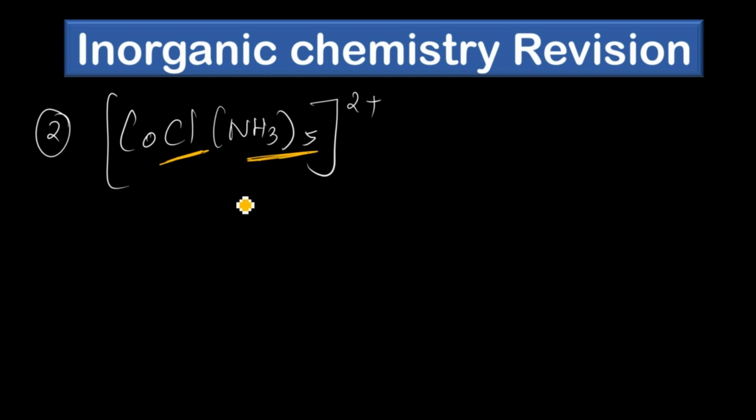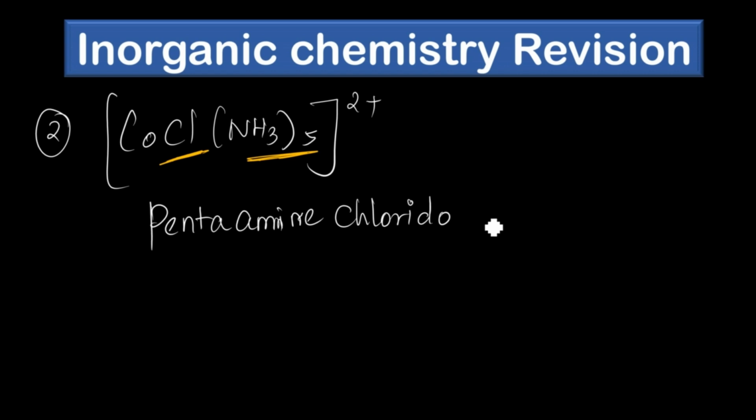Which will come first, chlorine or ammine? Ammine. So how many ammine? Penta, 5, so pentaammine, double M. Chlorido, I said, should end with the O sound. Chlorido, cobalt, oxidation state 3, ion. Ion is given, so ion.